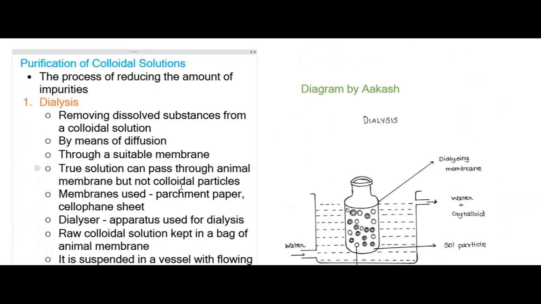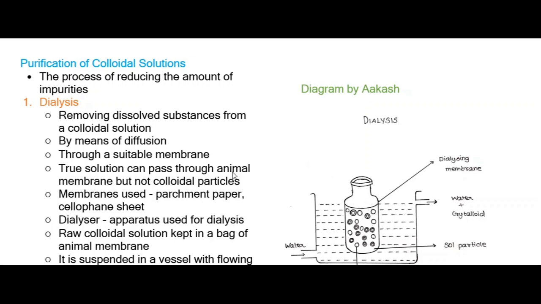Dialysis. Our student Akash has drawn this diagram very nicely. Thank you, Akash. See, in dialysis, the dissolved substances are removed from the colloidal solution by means of diffusion through a semi-permeable membrane, a suitable membrane.